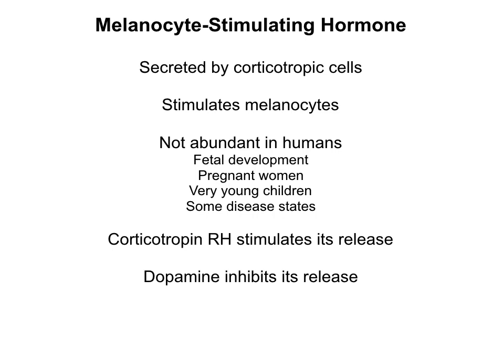Very young children do have detectable levels of MSH, primarily within the brain, and there are some disease states where you would have hypersecretion of MSH. Now, corticotropin releasing hormone does stimulate MSH production, just like CRH stimulates ACTH production. However, there's a catch.